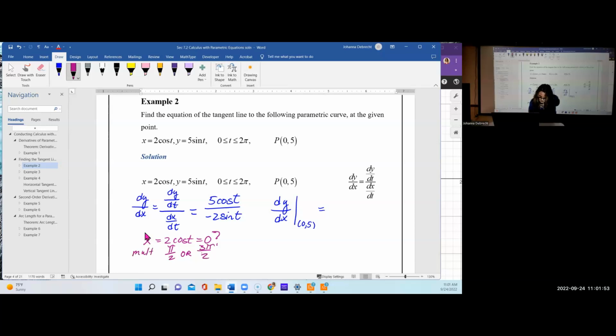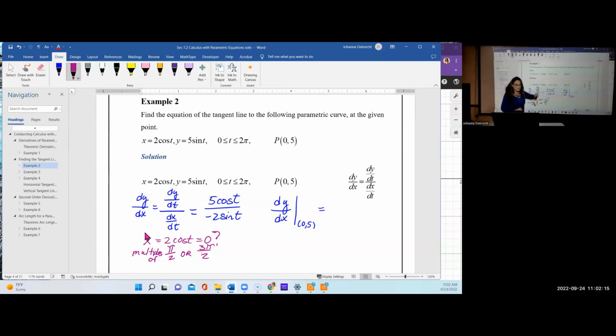And multiples of those. But the problem is, I don't know which one it is. It could be pi over 2, it could be 3 pi over 2, and that's certainly going to lead to a different value of the derivative. But I also have a y coordinate, and the y coordinate is 5, and that's going to let me pin down which of the first two options it's going to be.